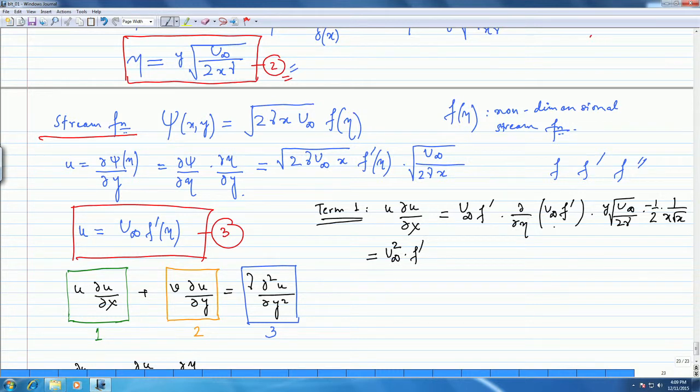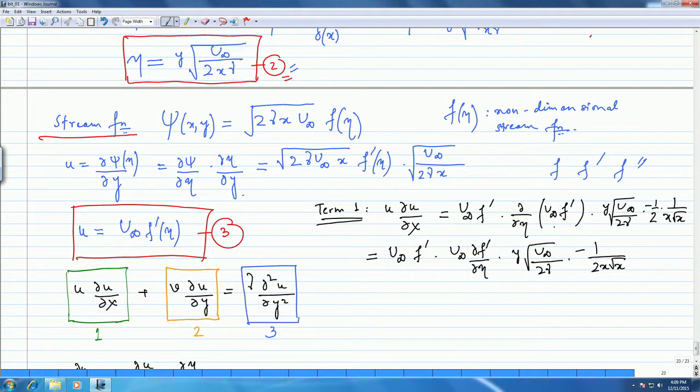Let me write this cleanly: I get u infinity f dash into u infinity del f dash del eta, into y under root u infinity over 2 nu, minus 1 by 2 x under root x.